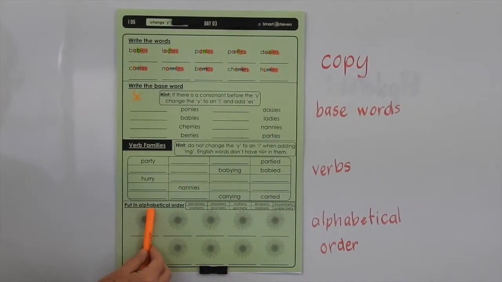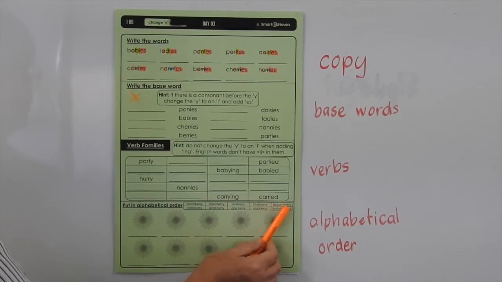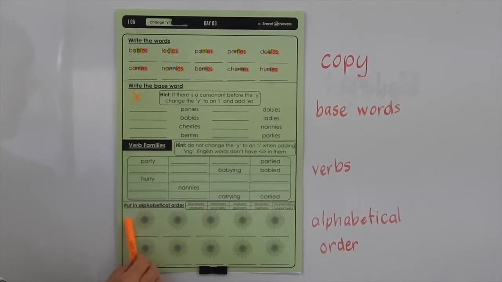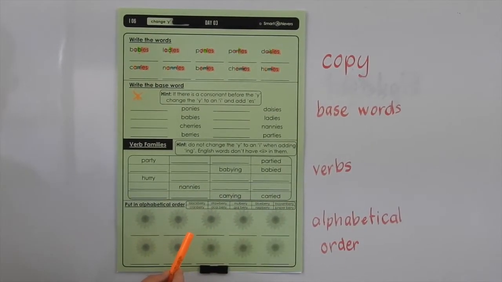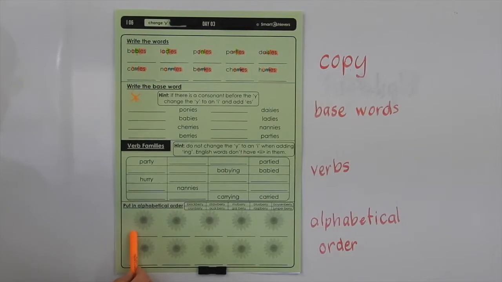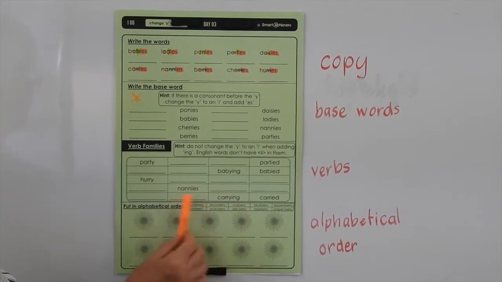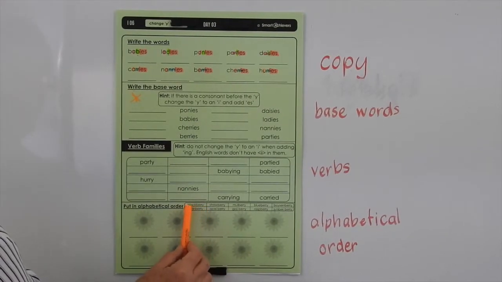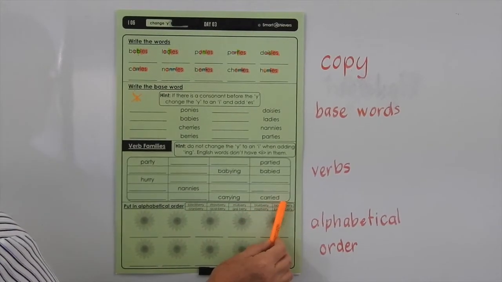Now down here you've got alphabetical order, and we've put different types of berries there for you to put in order. So you have to say the alphabet. If one of those words starts with that letter, then you're going to write that word first. If you've got two words with the same first letter, then you have to look at the second letter, like you've got blackberry and blueberry and boysenberry.